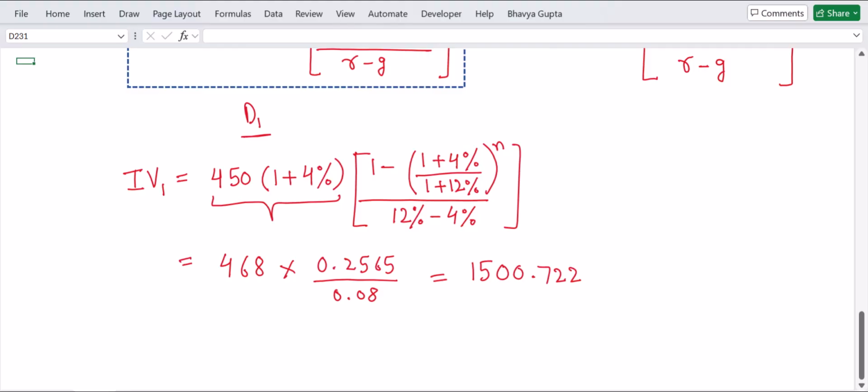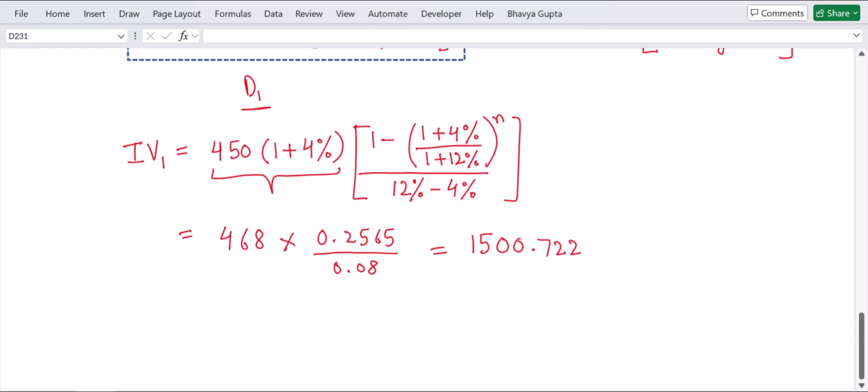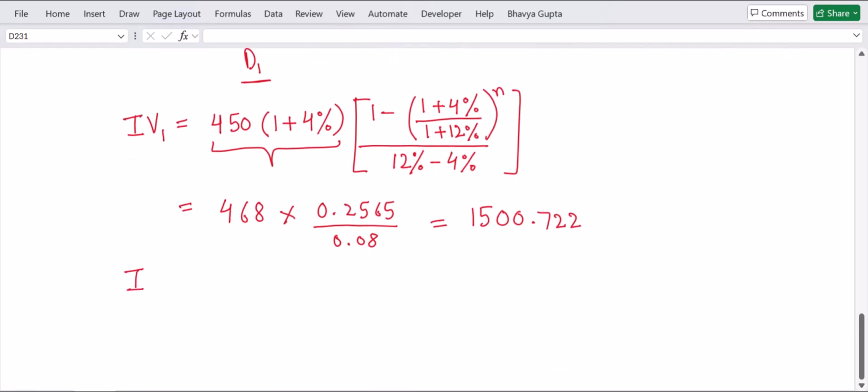Now we have to find out IV2 as well to get the complete intrinsic value of the share. This is the present value of all the dividend benefits we will receive in the future. Now let's find out IV2. So IV2 is 9000 divided by 1.12 raised to power 4, which will be, so we will first of all find out 1.12 raised to power 4, that we will do the operation 1 by x on the calculator.